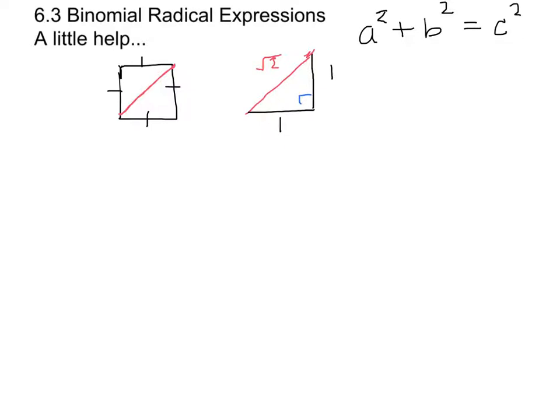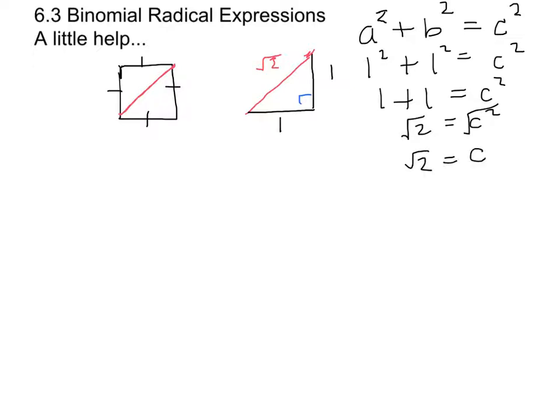So that means 1 squared plus 1 squared should equal the hypotenuse squared. Well, 1 plus 1 equals 2. And we know that the square root of 2 equals c in this case, or the hypotenuse.